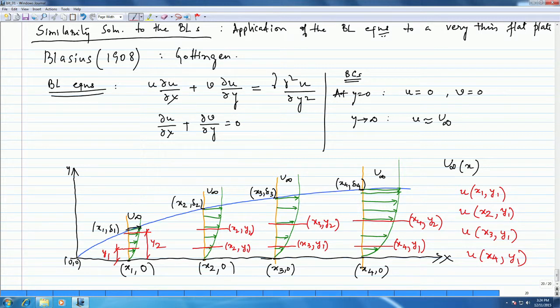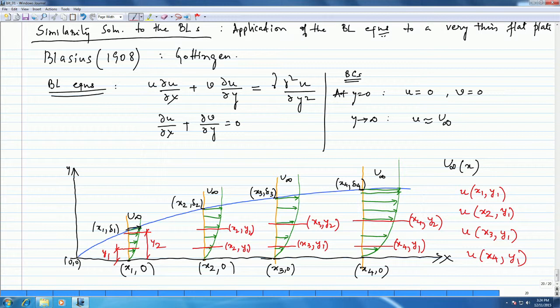How does the velocity at x1 y1 compare with velocity at x2 y1, at x3 y1 and x4 y1? What do you think? How does that even compare? If you were to pay a little bit of attention to this.